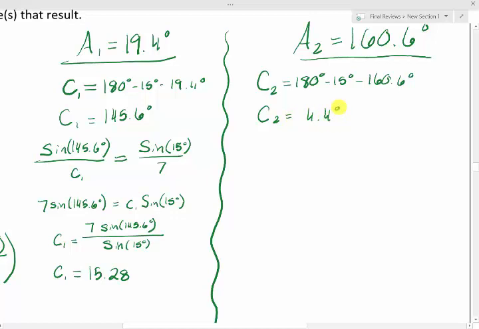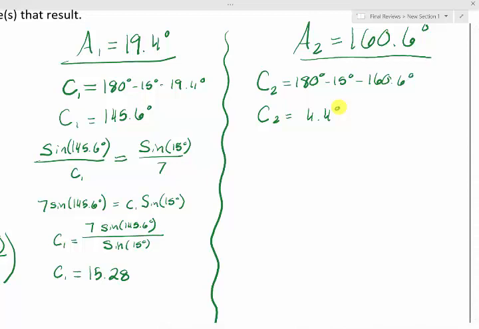That should look really familiar. That's actually our test for our second triangle. So for our second triangle, we're trying to see if we can actually get a positive C sub 2, or whatever our third angle is. If it's positive, then it's a real thing. But we can't have negative angles. So if we get a negative number, then it's not a triangle, it's not possible.